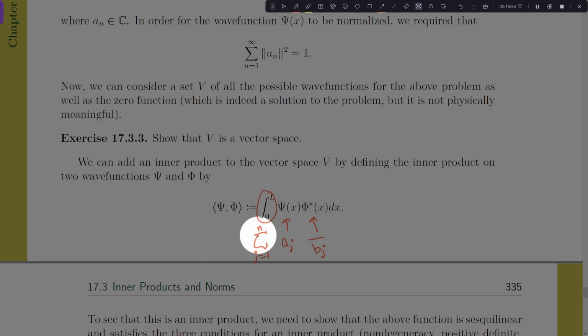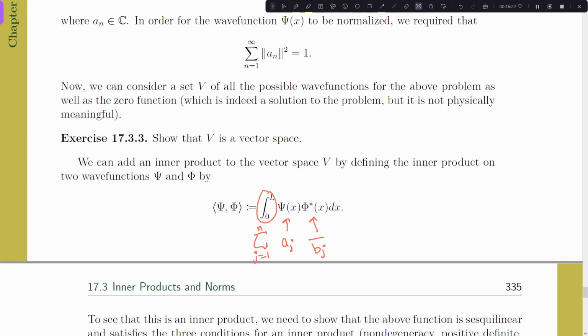The continuous analog of a finite vector is a function, because an infinite vector is a function interpreted in the right way. And similarly over here, the conjugate of the elements of the vector are just this function. So this really does take on the same structure that our dot product took on, but it looks a little bit different, right? We have an integral, we have multiplication of functions, and we still have the conjugate sitting around there. So that's how we're going to define the inner product on this function space.